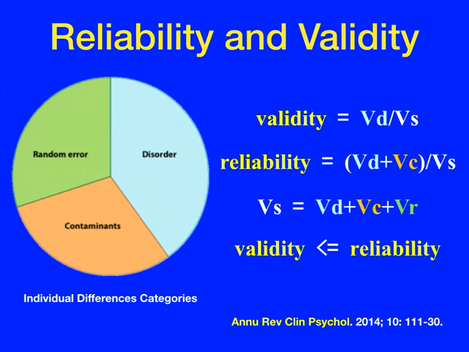So you can clearly see validity is always smaller than reliability, right? But unfortunately, we can never measure or get this validity. So normally we estimate reliability as an upper limit of the validity.